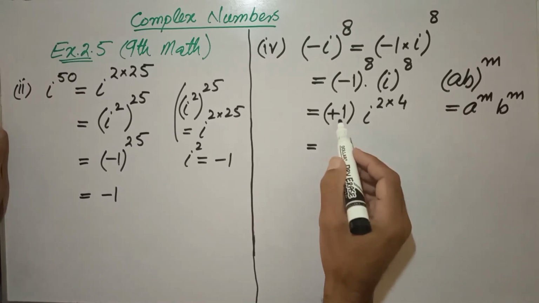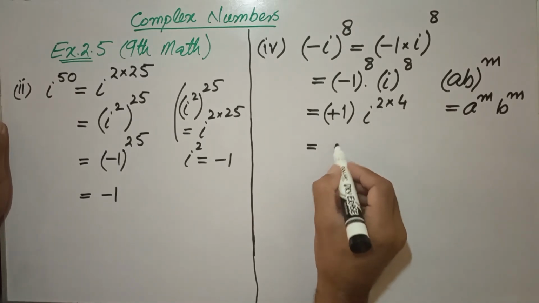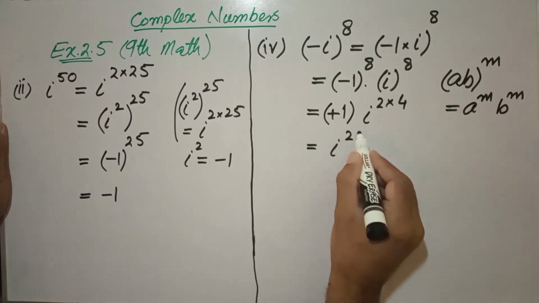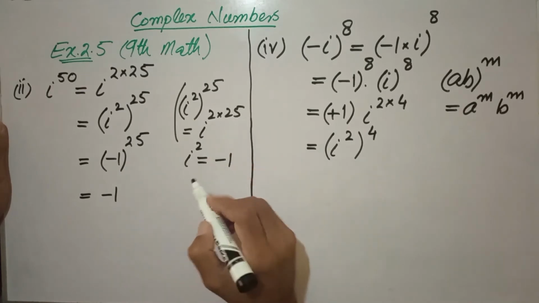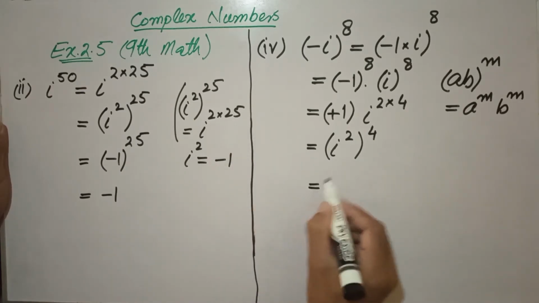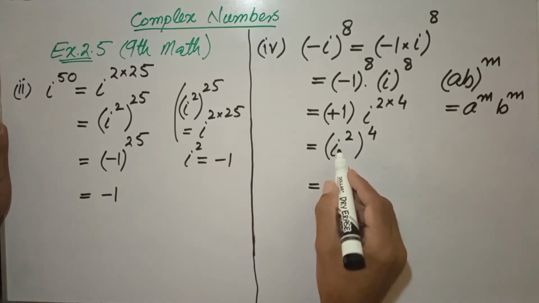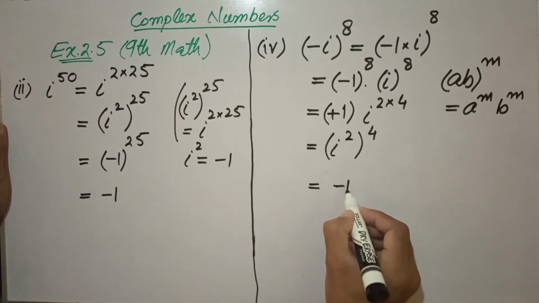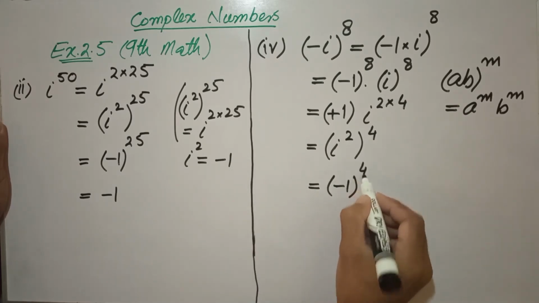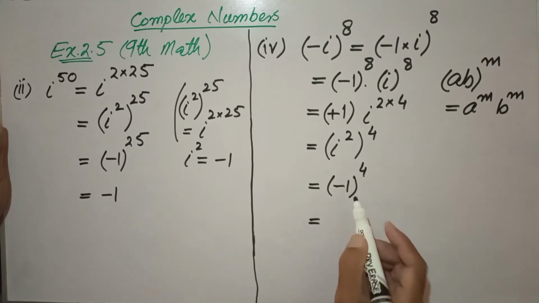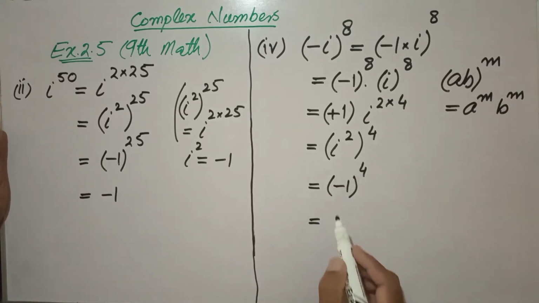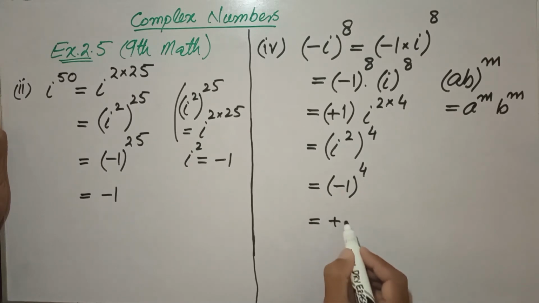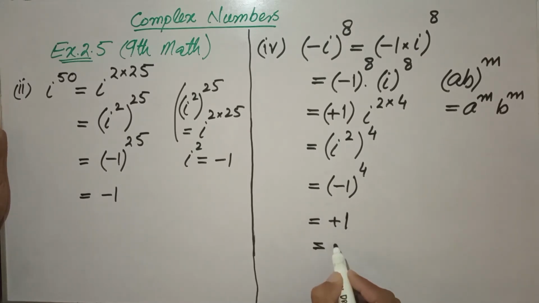From here we'll have iota square whole power 4, again using the same property. From here iota square is -1 whole power 4. The power of -1 is even, so we have +1, or just we can write 1.